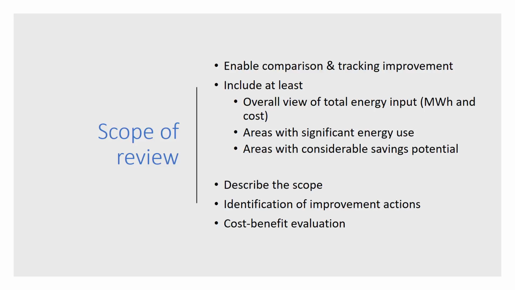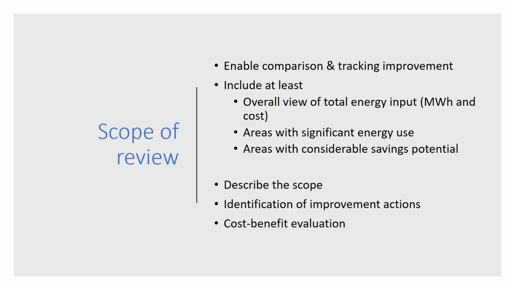To determine where there's considerable cost savings and improvement potential, it of course helps if you've done this before and have a rough idea about what these processes that you're looking at should consume.